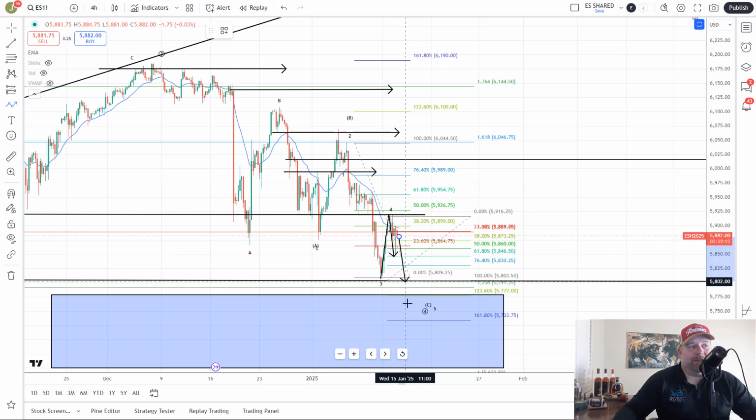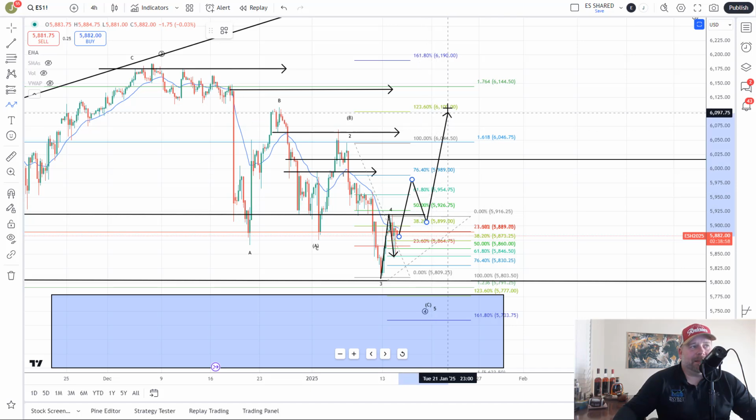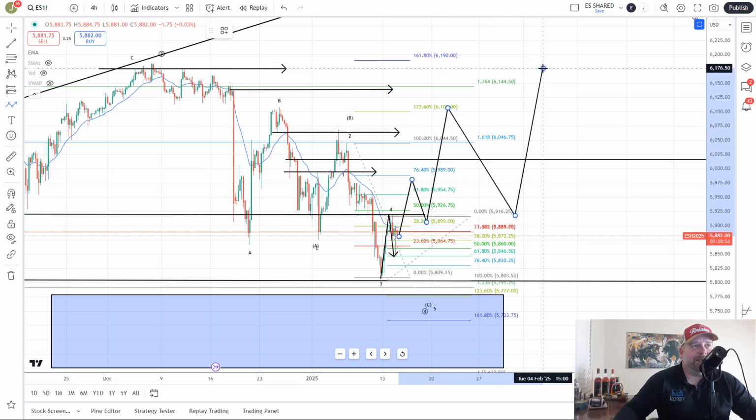And you have a C wave set up to the downside that would take us into the blue box, and a C wave set up to the upside that would likely take us up into this 59.90 area or so. That would be our next resistance zone. Then we'd look for a pullback off of that again, and then this would be A, B, and C.